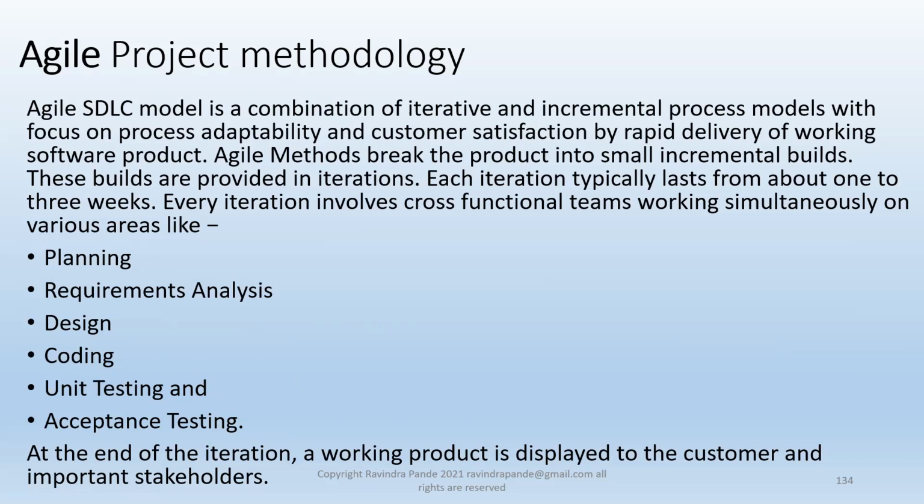In the iteration, we do a certain sort of requirement gathering, certain design changes, coding and testing running in parallel, and then we have acceptance testing also going on in the iteration, so that whenever the client accepts this newly devised product, project, solution, he or she can suggest any changes as per his thought process, as per his business requirement, and we can make it in the next iteration, and that product can be marked as completed, delivered, adopted, accepted.